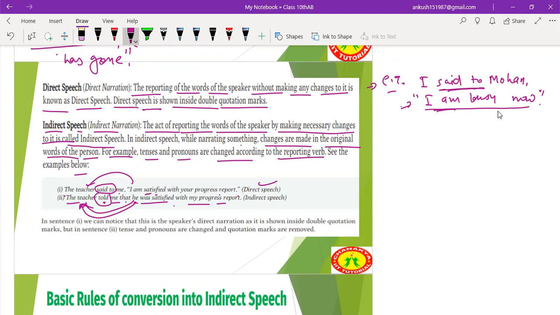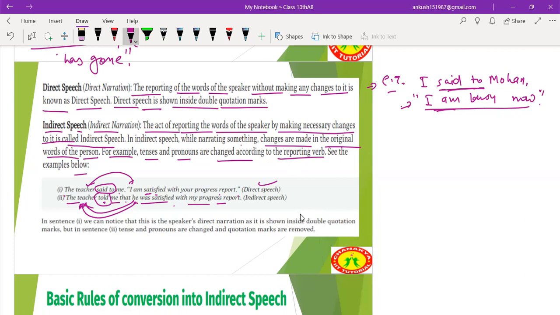That is why "I" is used within inverted commas. But when some other person says his words in his own words, he would use "he" as the pronoun. Understood?